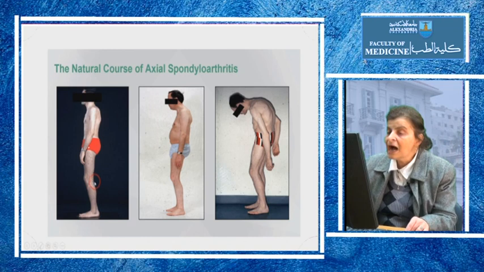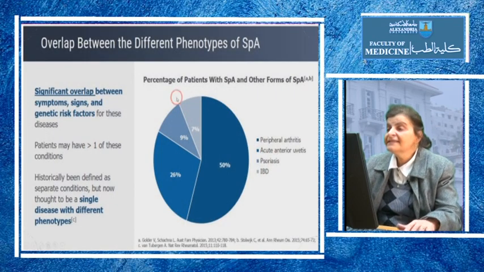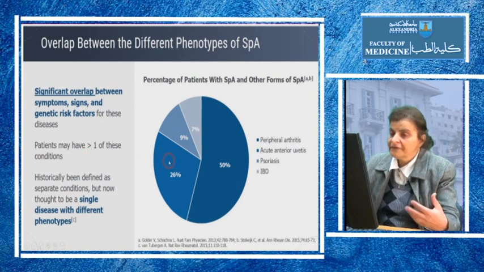Here you see how the condition of axial spondyloarthritis may progress, and how over the years the patient becomes completely bent over and cannot even see the sun. He cannot do his daily activities. As I said in the beginning, there's a lot of overlap between the different forms of spondyloarthritis, and patients may have various overlapping features.